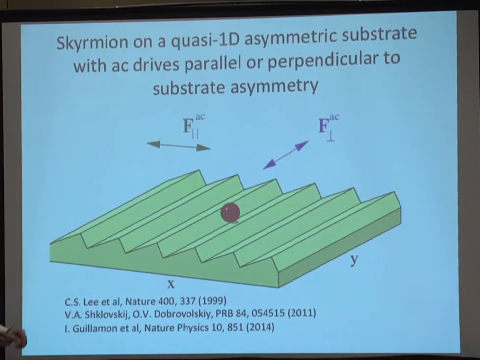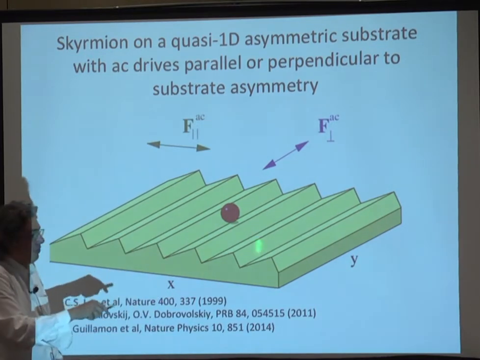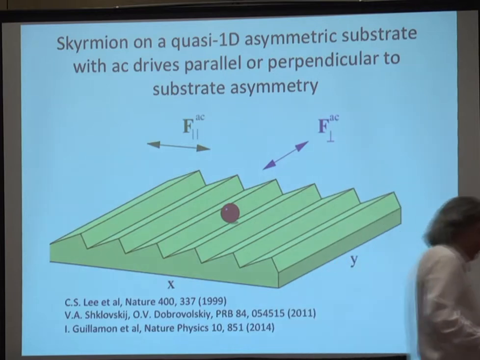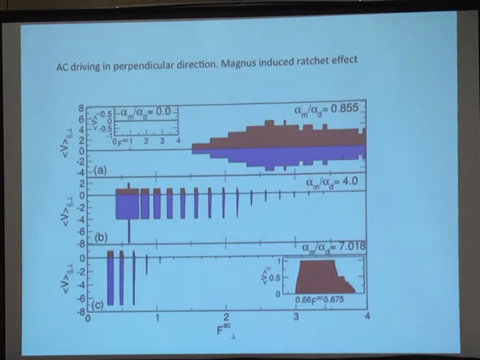However, this Magnus term causes velocity components to be generated perpendicular. So if you apply a drive in a perpendicular direction, your skyrmion will get velocity components parallel, so you can make a new kind of what we call skyrmion ratchet or Magnus ratchet effect. And that's here. So in the inset, this is the AC amplitude, and this is the net DC skyrmion velocity. In the overdamped limit, there is no velocity at all, but when you start cranking up the Magnus term, you get a ratchet effect.